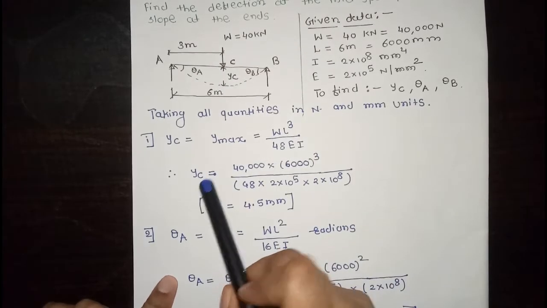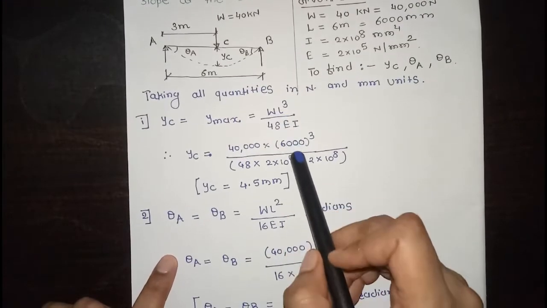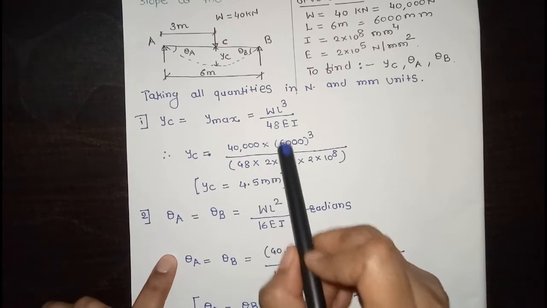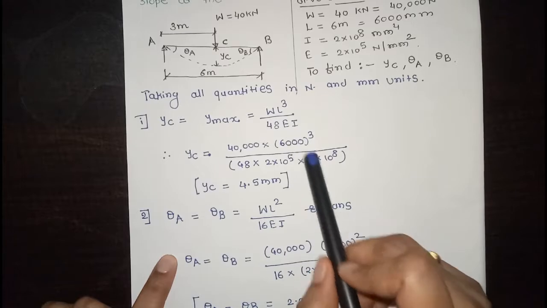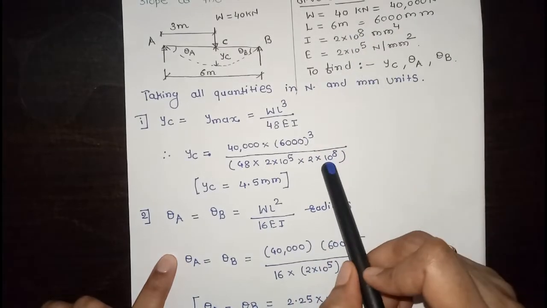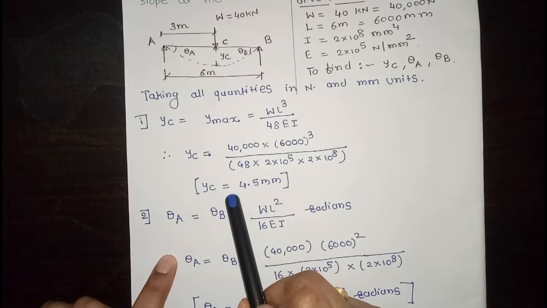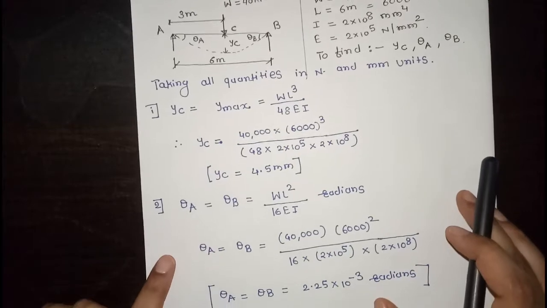So YC is equal to 40,000 into 6,000 cube, where W is 40,000 and L is 6,000, divided by 48 into E 2 into 10 to the power 5 and I 2 into 10 to the power 8. Then we get YC is equal to 4.5 mm. This is the deflection.